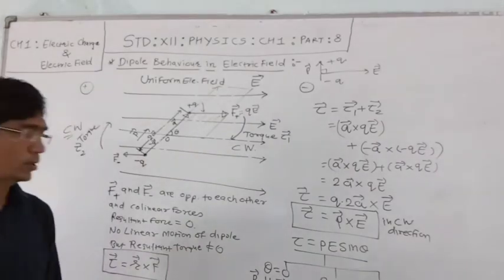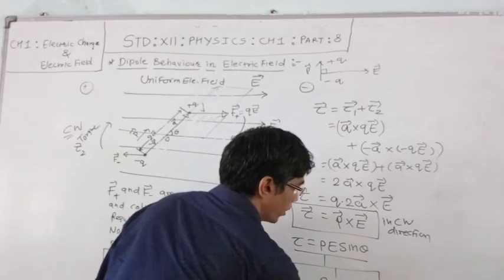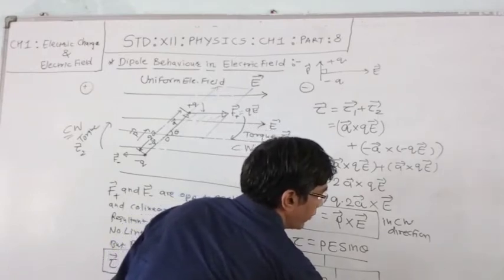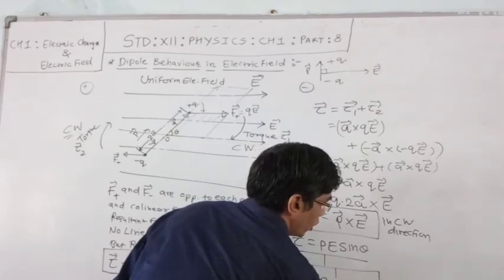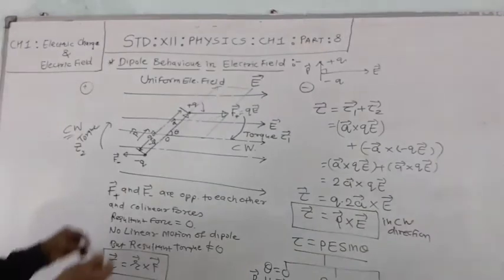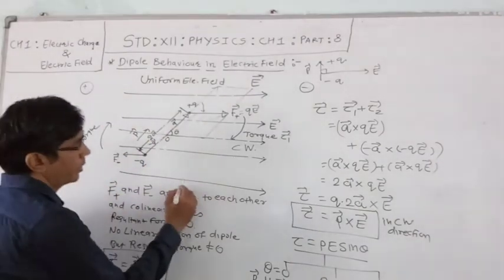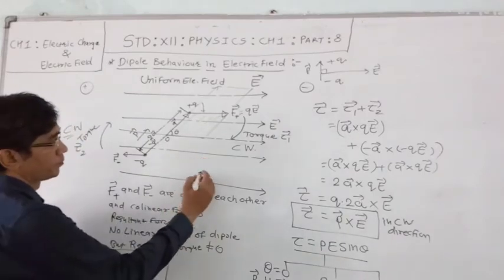And the last case, when the angle theta is pi radian, that means the dipole moment is anti-parallel to the electric field. The dipole moment we are taking in this direction, and the electric field is in the opposite direction.